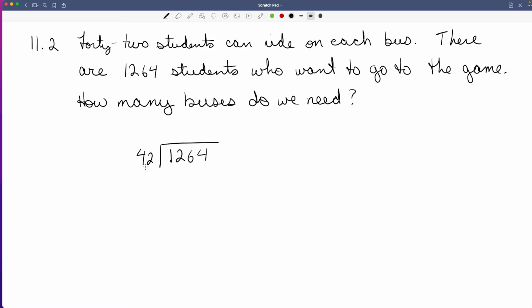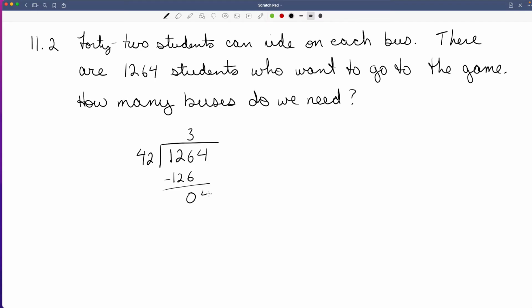So let's say 42 into 12. We can't do that. So 42 into 126. I'm pretty sure that will go 3 times. So 3 times 2 is 6, and 3 times 4 is 12. All right. So that's 0.